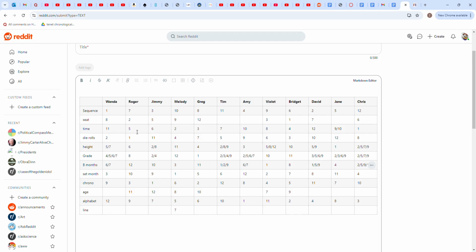To this 5, is there anything else that we could have concluded from that? We determined something for Amy and for Bridget, if I'm not mistaken. Or possibly Violet. Yes, Violet at least. We can eliminate this 8 here. That was the time, right?